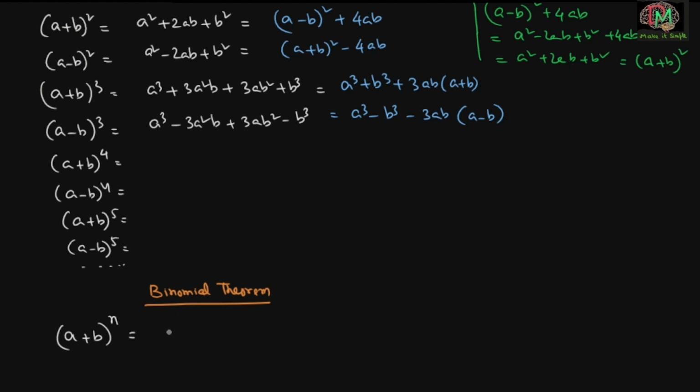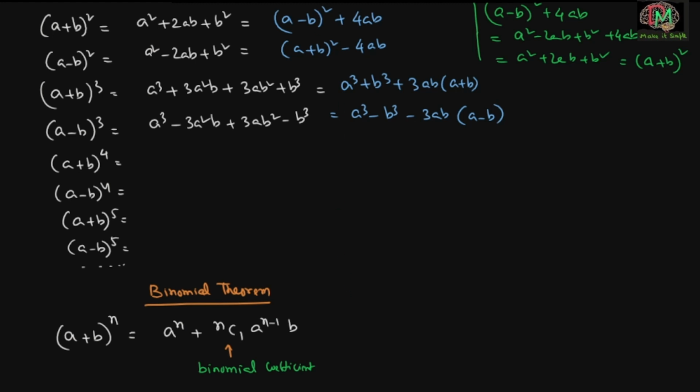How can you do that? First you have to write aⁿ. Next is nC1 aⁿ⁻¹ b. Look at this: here the power of a reduced by 1, and b, which had power 0, increased by 1 and became b. So in every consecutive term, the power of the first variable decreases and the power of the second variable increases. Here nC1 is the binomial coefficient.